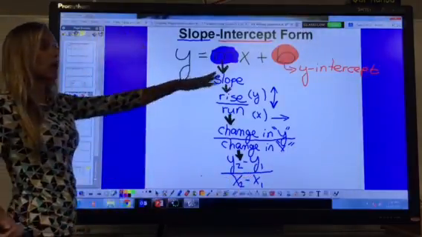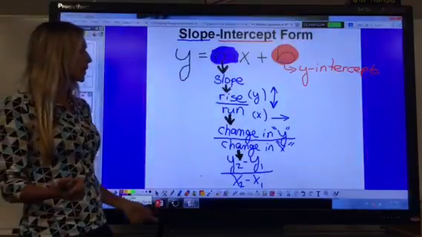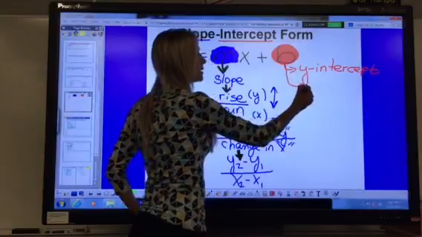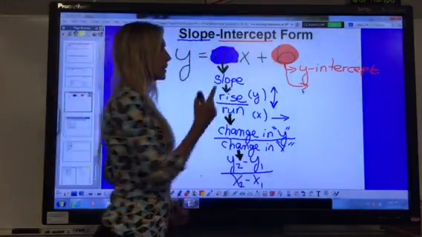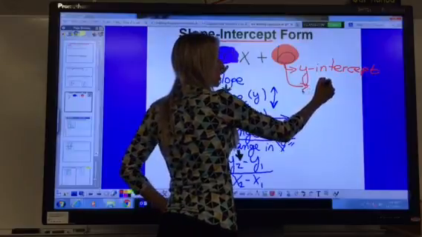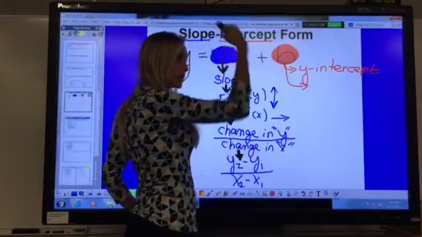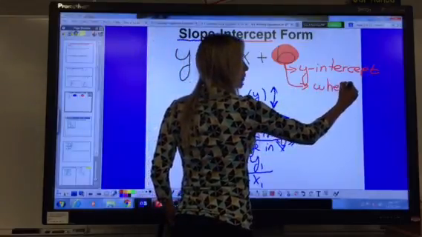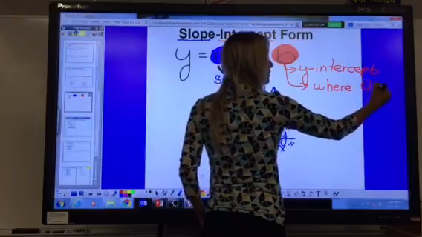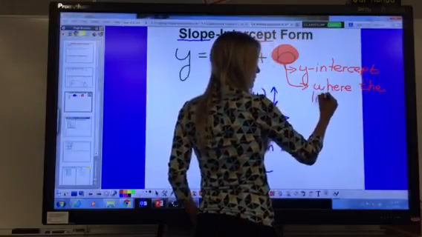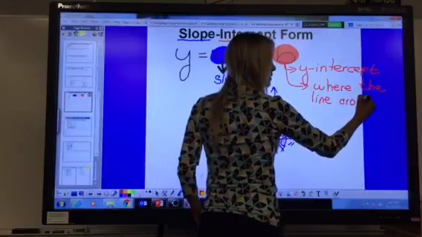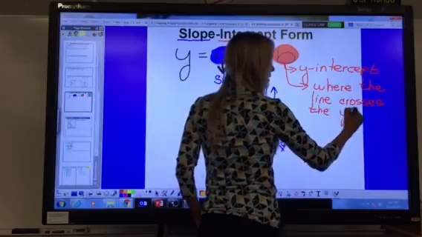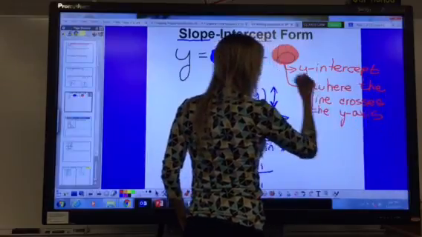Now let's look at our y-intercept a little bit deeper as well. Y-intercept, when I talk about it, is my initial value. The initial value is my starting point, or we also say where the line crosses the y-axis. So I'm going to put this in here: where the line crosses the y-axis.